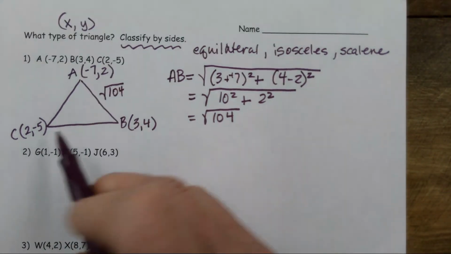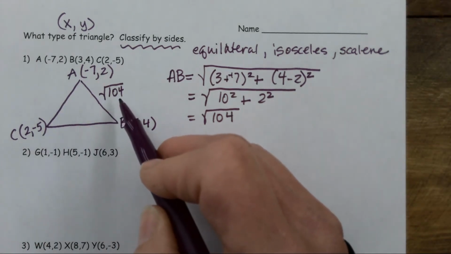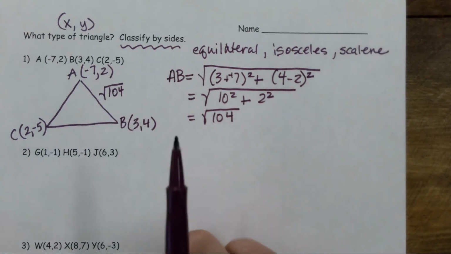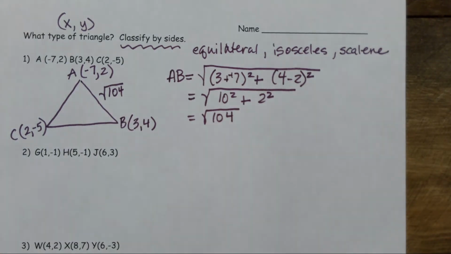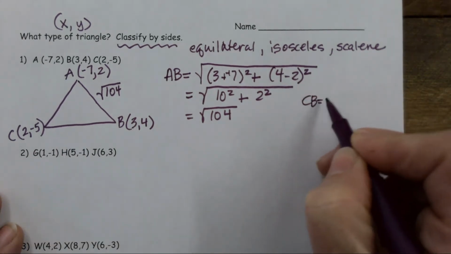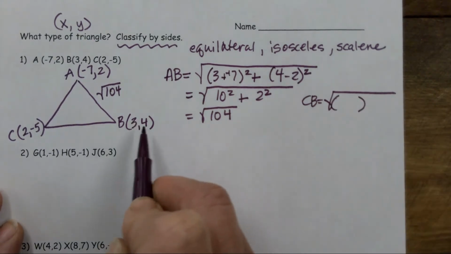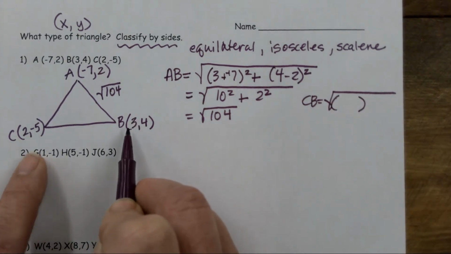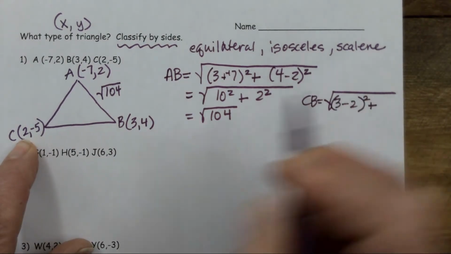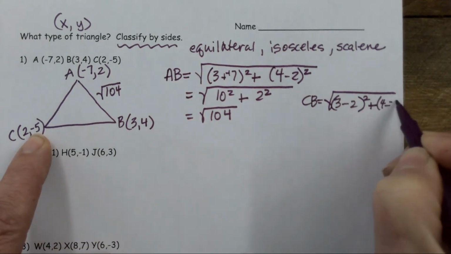Because if the distance between C and B is not the square root of 104, then I know they're not equal. And I don't need to know whether it's longer or shorter. I just need to know that they're not equal. So I'm going to do the same thing for CB. Here's my CB. And I didn't plan my room very well here, but 3 minus 2 squared plus 4 minus -5 squared.